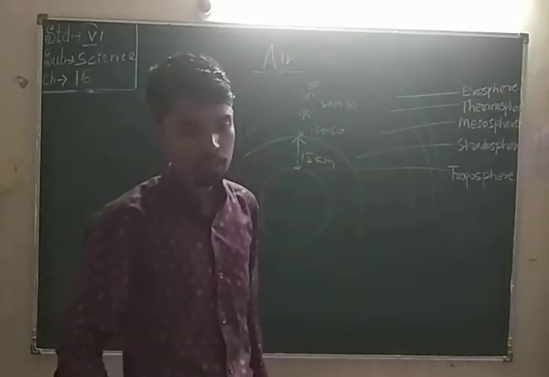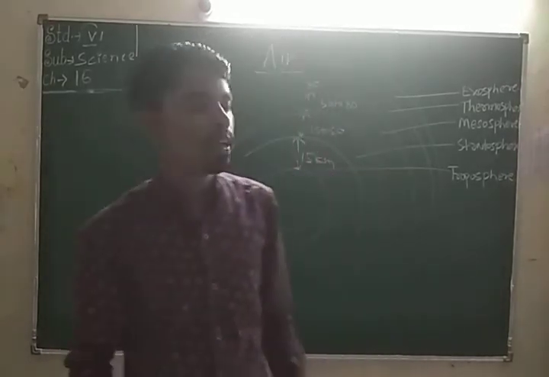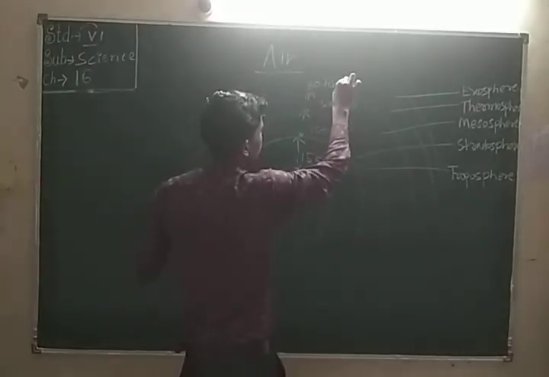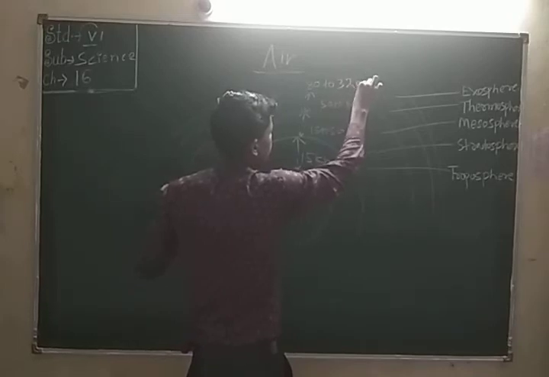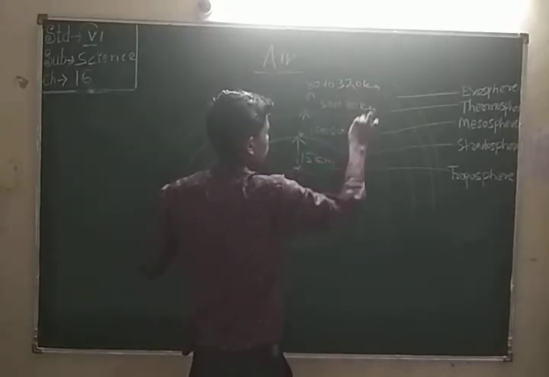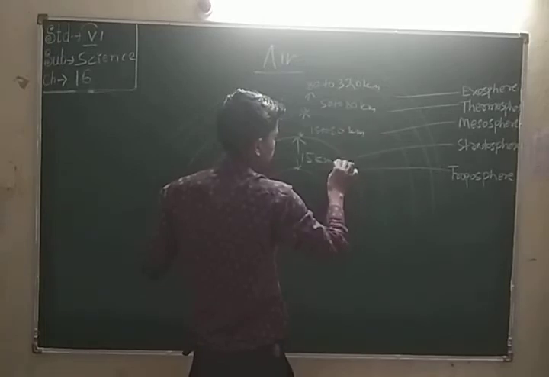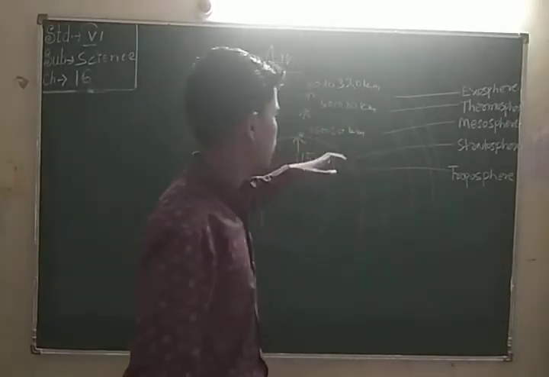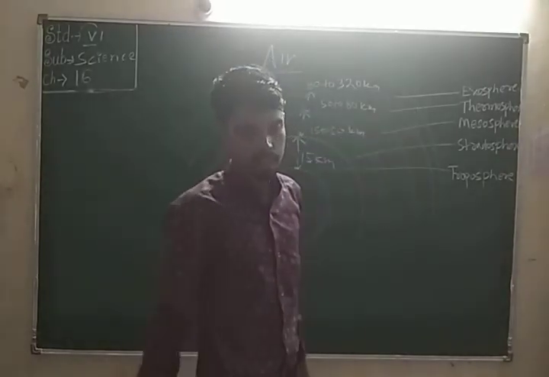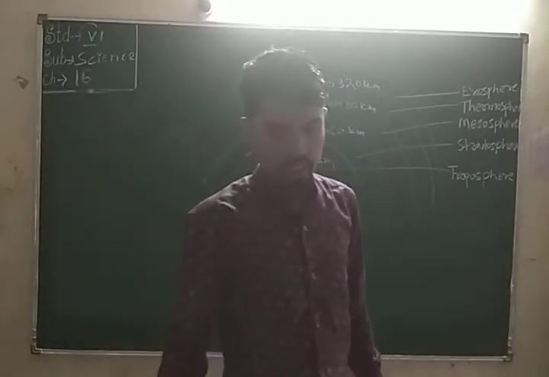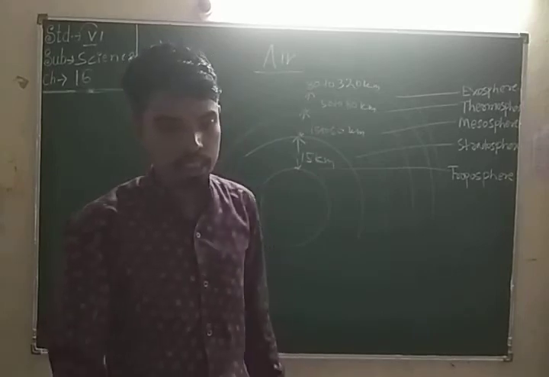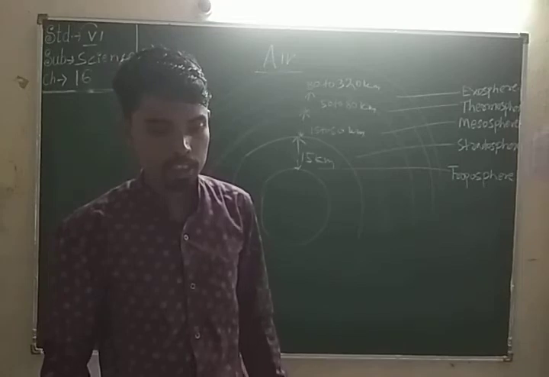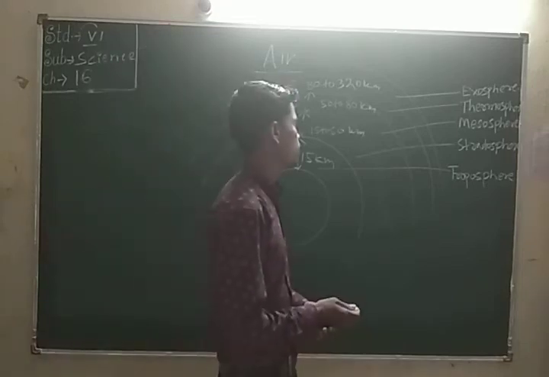Next, the thermosphere extends from 80 km to 320 km. This layer receives an extraordinarily large amount of energy from the sun, and it makes the thermosphere very hot.